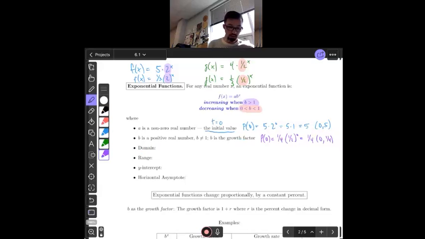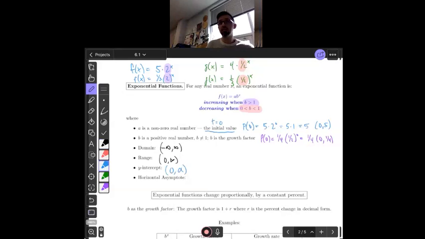Domain, saw that earlier. It's going to be all reals. We can plug in any number we want. The range should stay above 0 as long as A is positive, which again will be pretty much all we see. The y-intercept, I'm going to change that here. That's going to be (0, A).